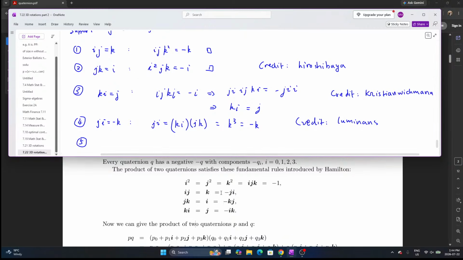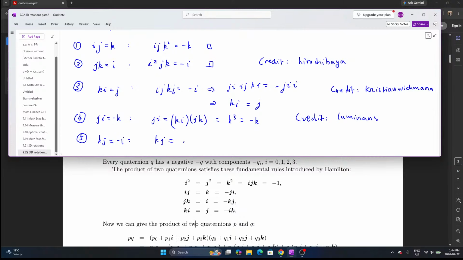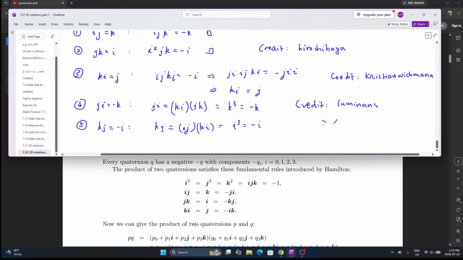I think you can use the strategy for the rest, right? kj equals minus i is done the same way. So k is ij and j is ki. So use associativity. The middle jk is just i, so just i cubed, so it's minus i. Same idea.